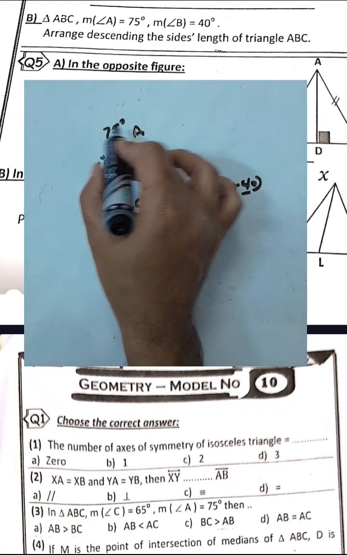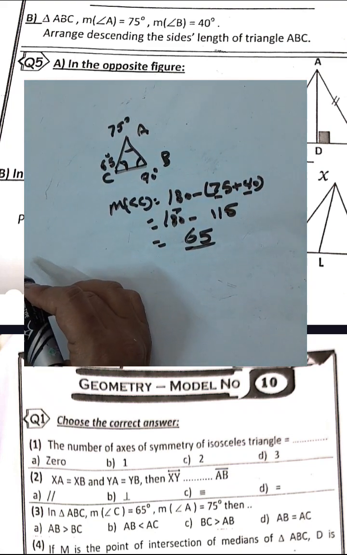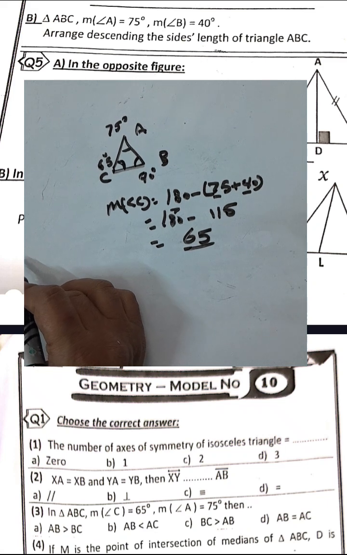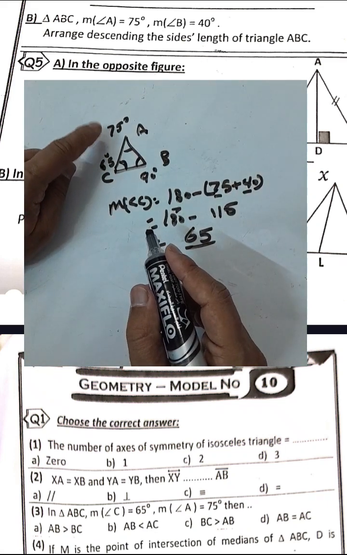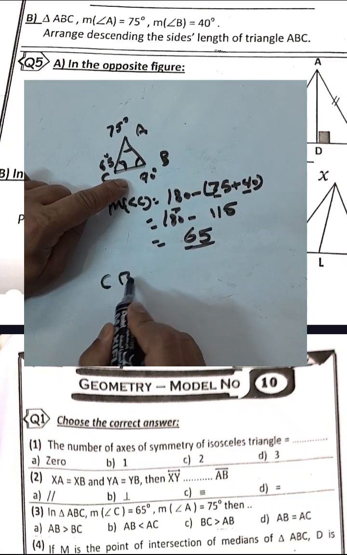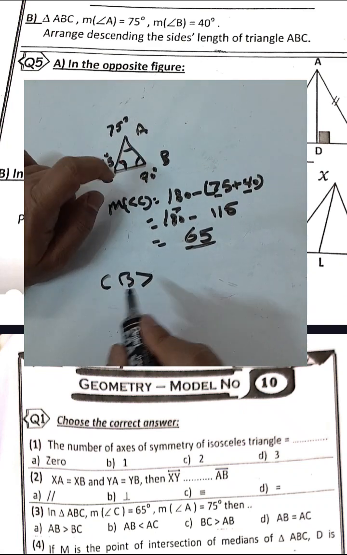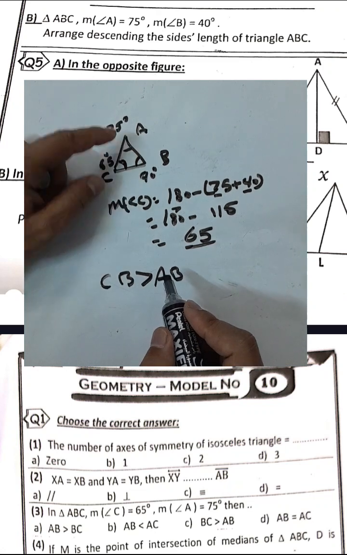We have three angles here, and you want to arrange the sides in descending order. In descending order, the first is 75 opposite CB, then 65 opposite AB, and 40 opposite CA.